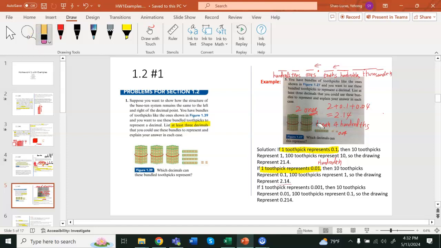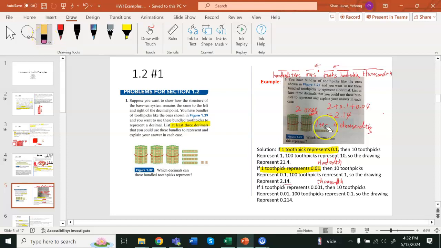Again, we can also change the value one more time. Instead of each toothpick representing 0.01, we can make it represent 0.001, which is 1/1000th. So 4 of them will give us 4/1000ths.